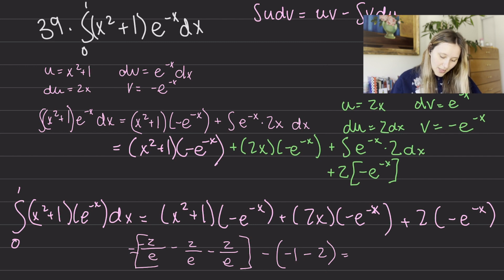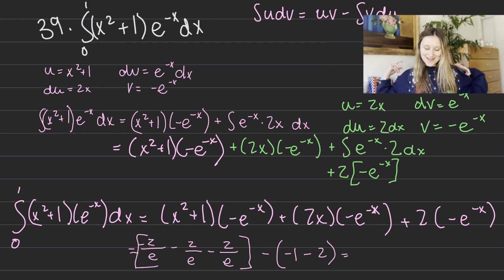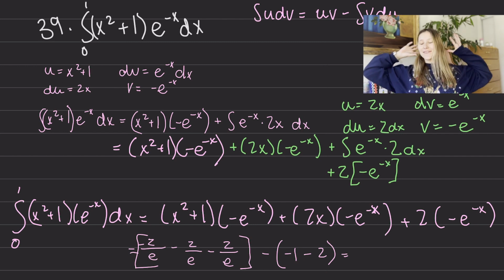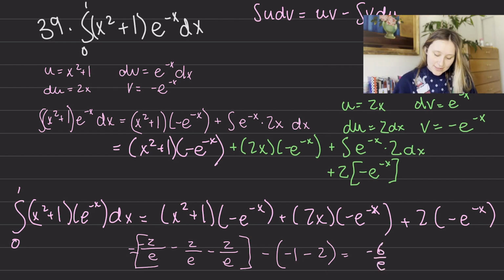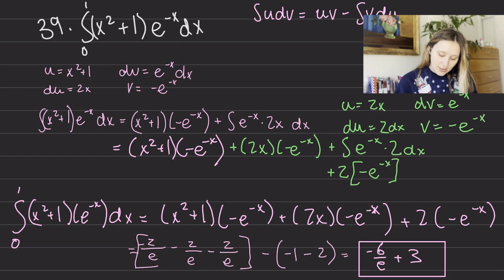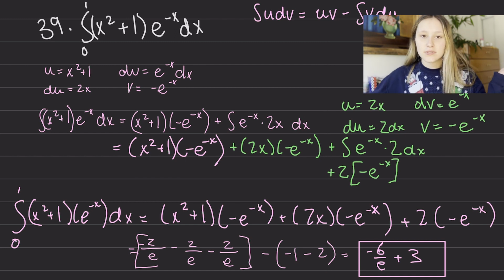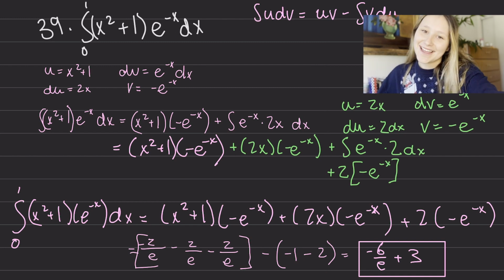And we get minus 2 over e, minus 2 over e, minus 2 over e. What is that? That's minus 6 over e, minus 3, which is going to be plus 3. And that's our final answer. And we went through hell to get there, but I liked it and I had fun, you know?